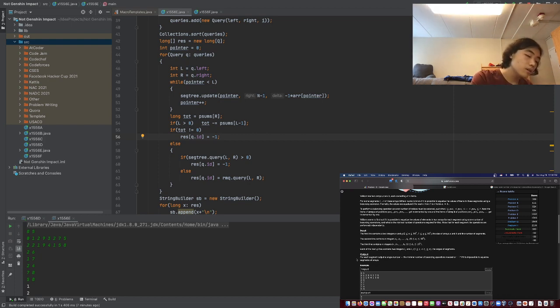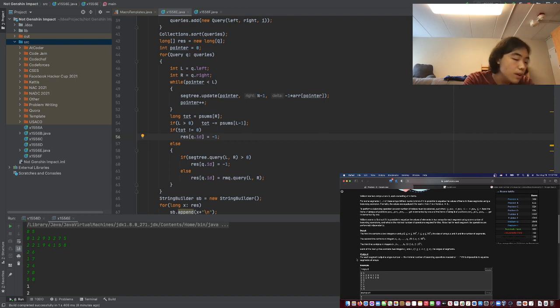So it looks something like increase, decrease. Wait, no. Increase, decrease, increase, decrease. Yeah, it would have to be something like this. And then in here, we would need to increase this, decrease this. Now increase this.